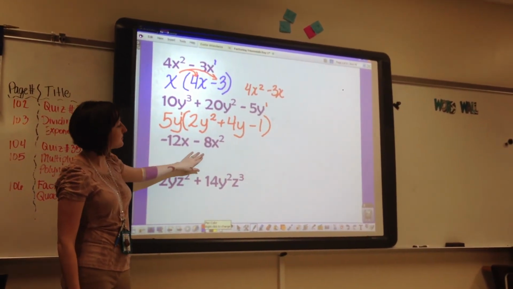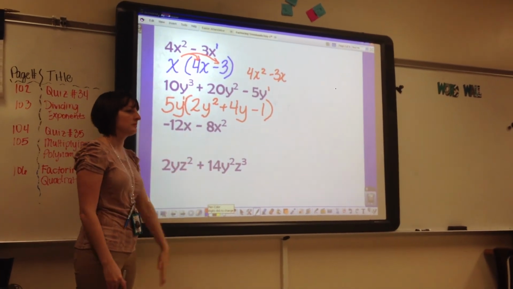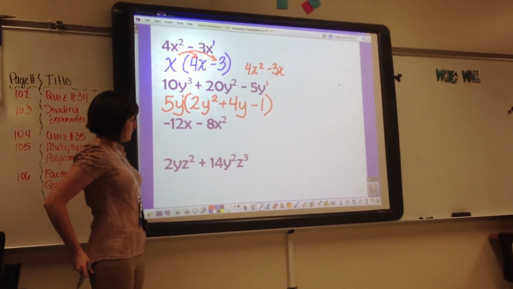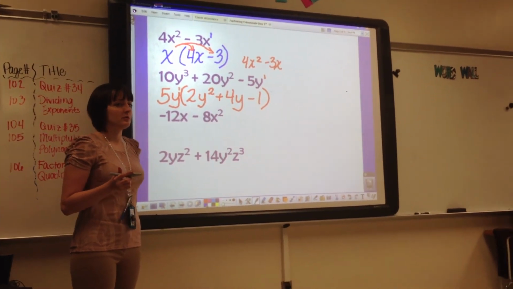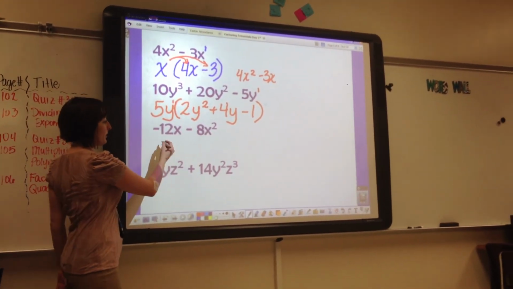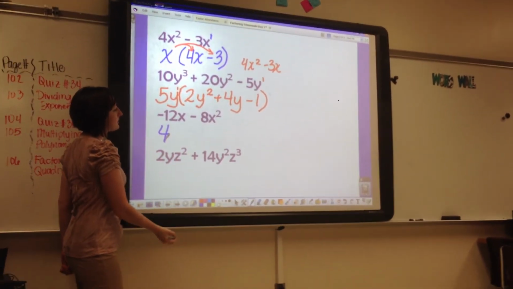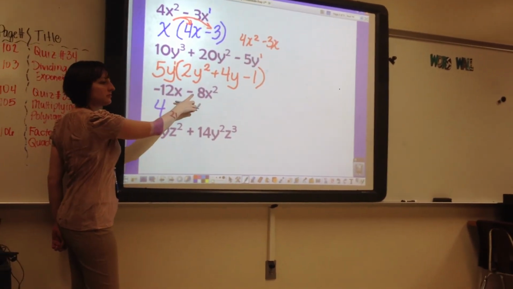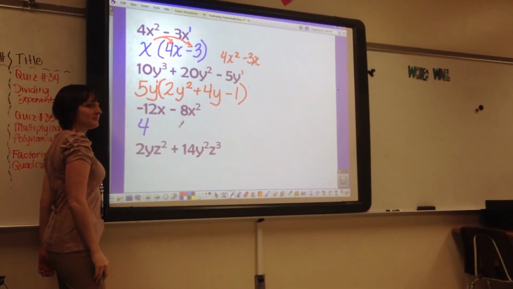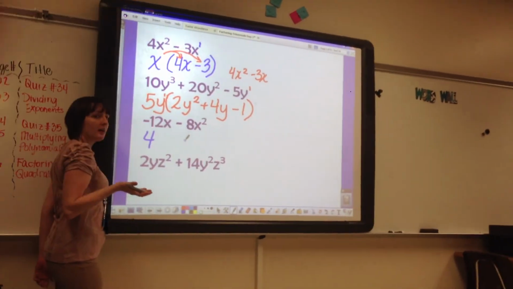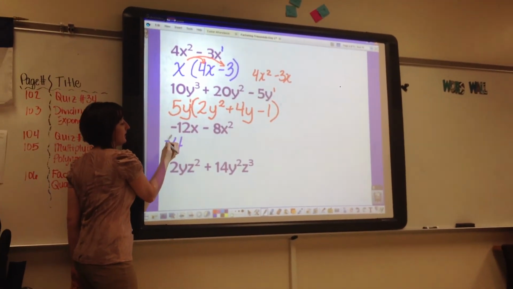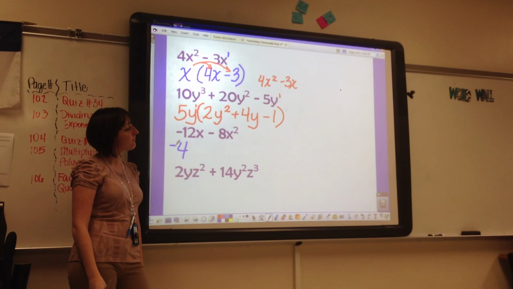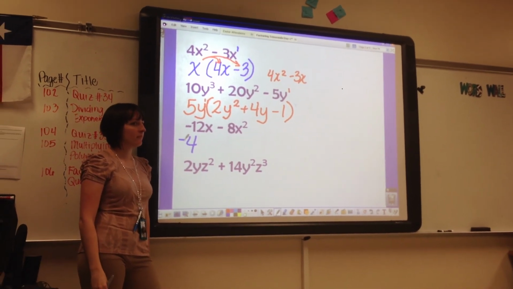Greatest common factor. What is it in this one? 4. 2 is divisible, but we can get a little bigger to make it the greatest. What about negative? You can. They both have a negative, so you can make it negative 4. Anything else?